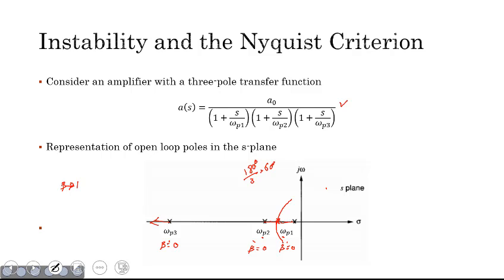So they will break away at that 60 degree angle, and they try to move towards the zeros. Since this particular transfer function doesn't have any zero, we have zeros at infinity, so they tend to travel, right? And we end up entering into the right half of the S-plane.